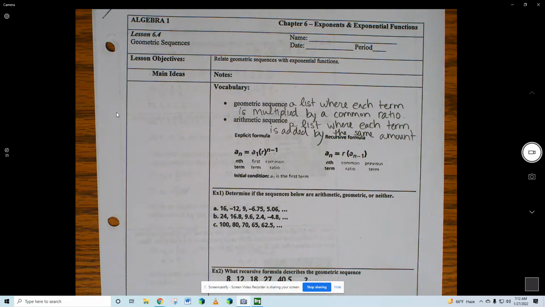Well, if I'm trying to find 12, I have to look at the number before it, the n minus 1. So if this is the second term, I would do 2 minus 1 for the first number. So the n minus 1 means the previous term. You're going to see n minus 1 often.